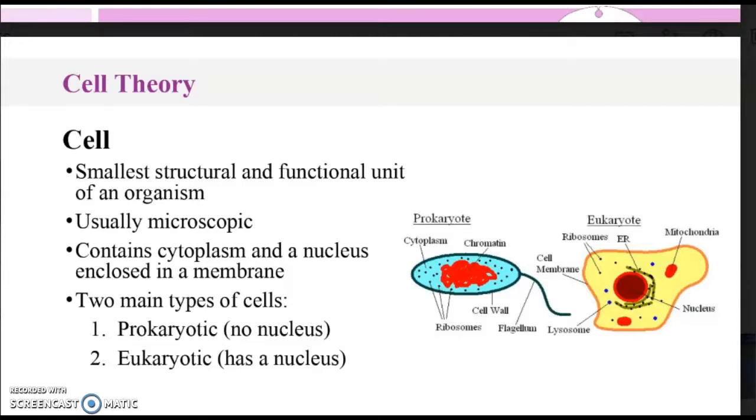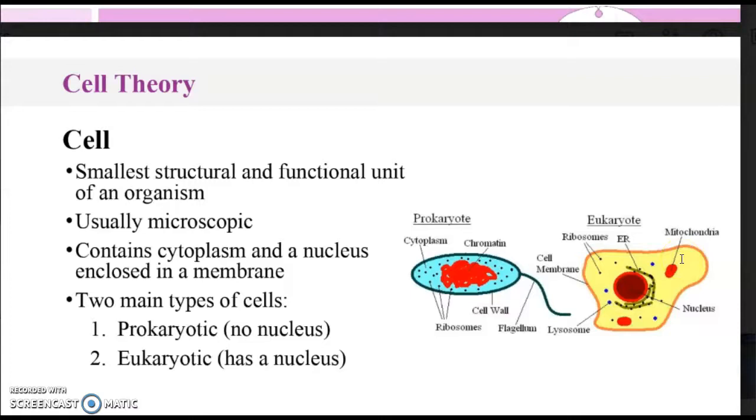And if you look off to the right here, there are different types of cells. So eukaryotic cells are going to be membrane-bound cells. So they have a nucleus, and then all of the organelles. They're called organelles because they're essentially like little organs.